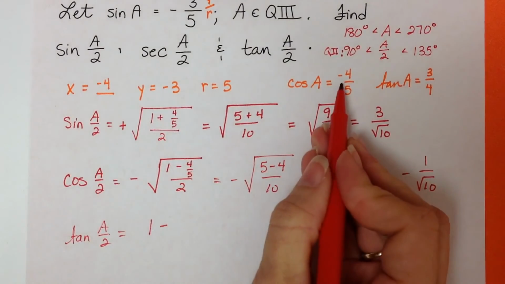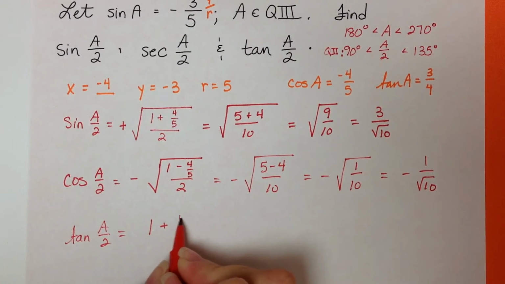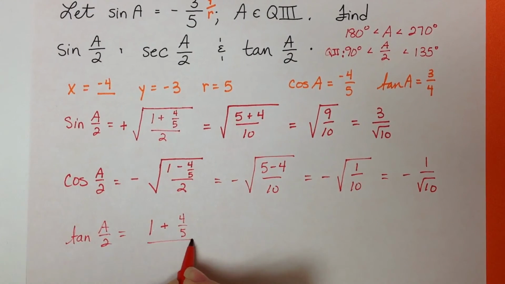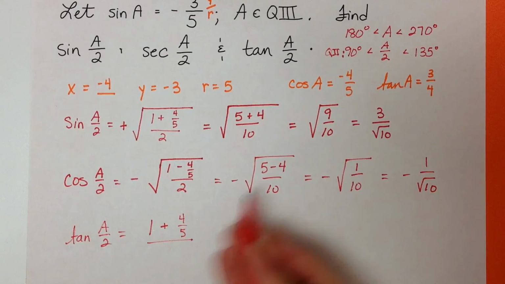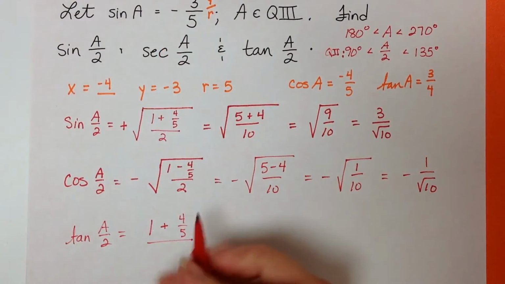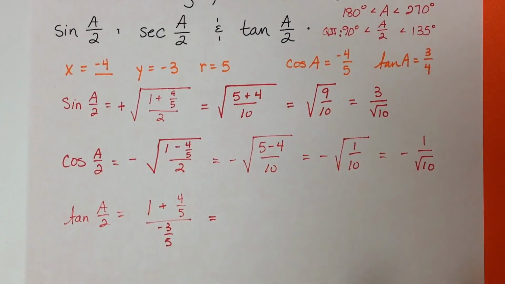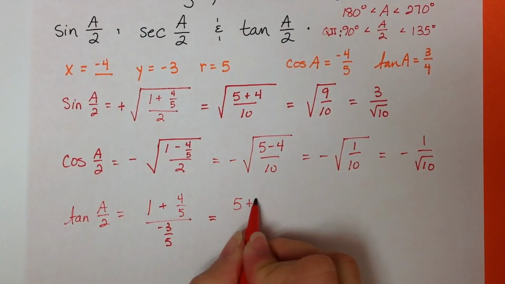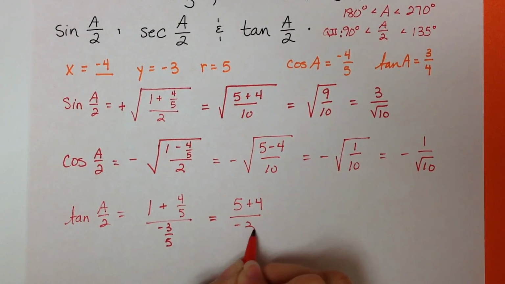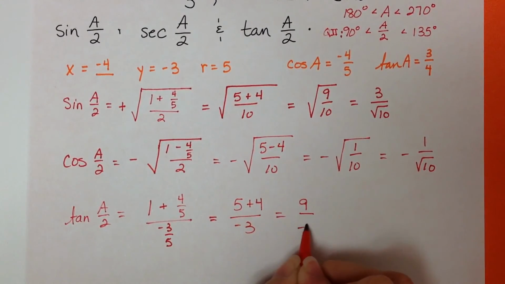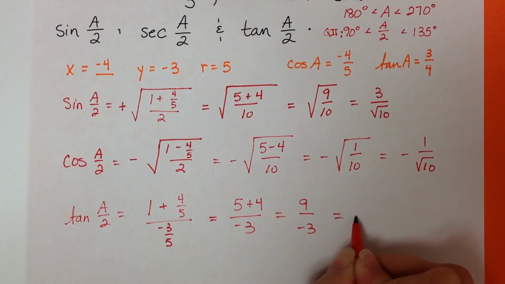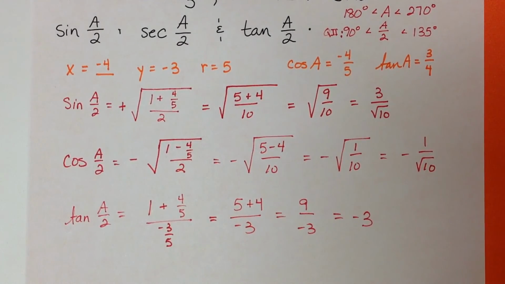So again, since cosine's negative, I'm going to change that to a plus. And then my denominator is sine A. So sine was the negative 3/5. So again, what I could do is go through and multiply all of my terms by 5. So I would have 9 divided by negative 3, which is negative 3.